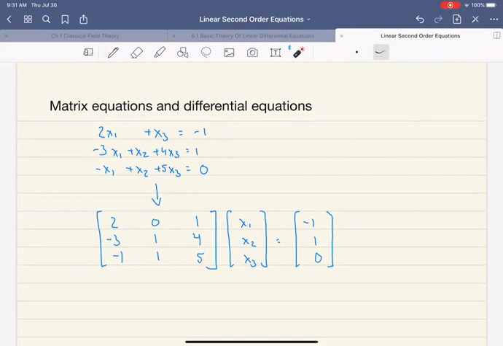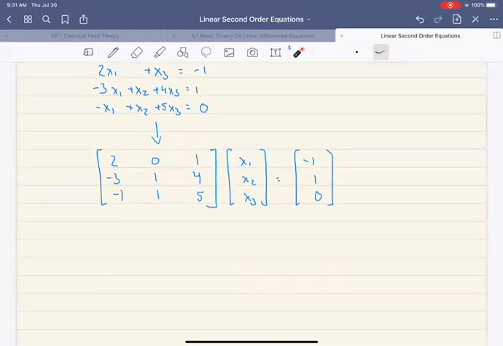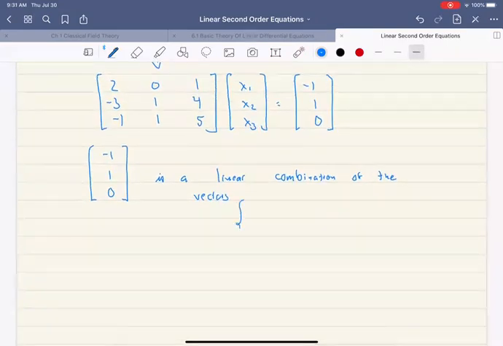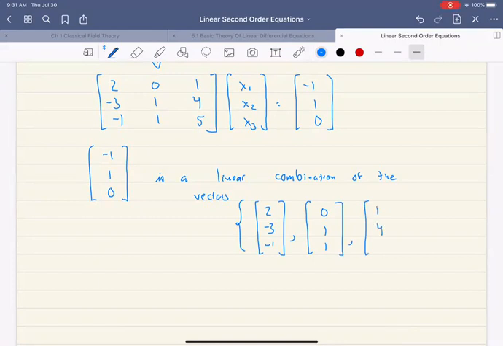Now if I want to think about this in terms of linear systems or the language of linear independence, then what I'm saying is that -1, 1, 0 is a linear combination of the vectors 2, -3, -1, 0, 1, 1, and 1, 4, 5.